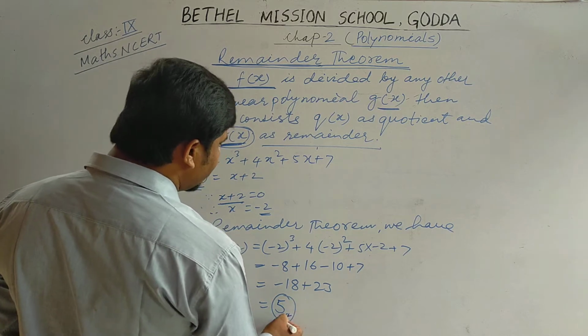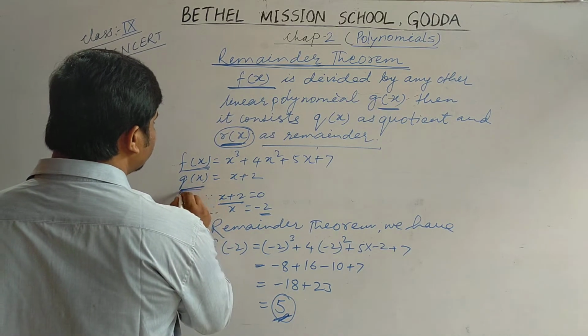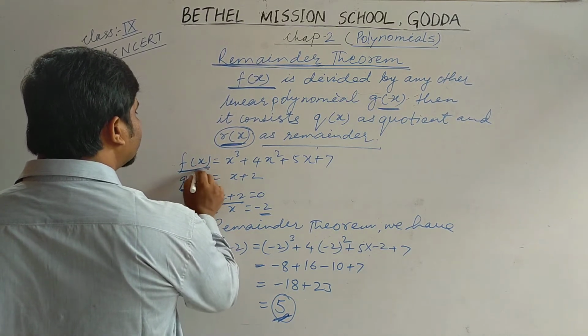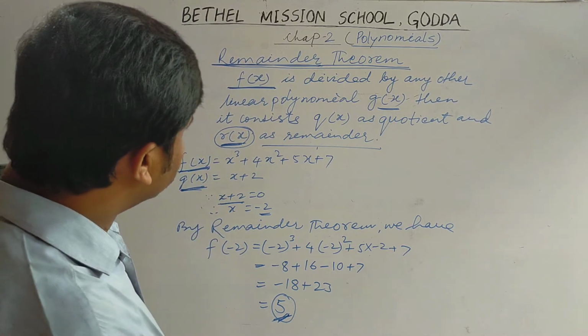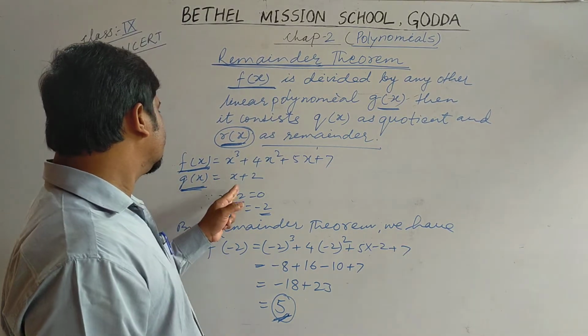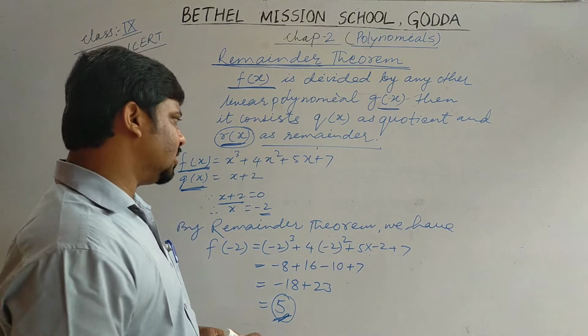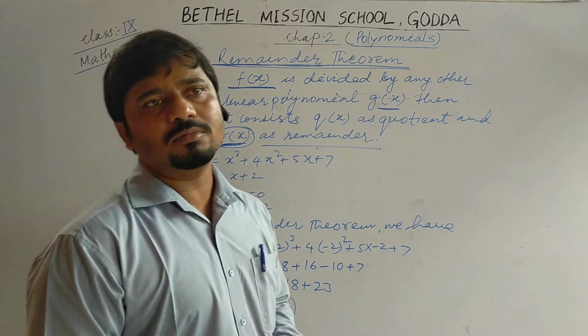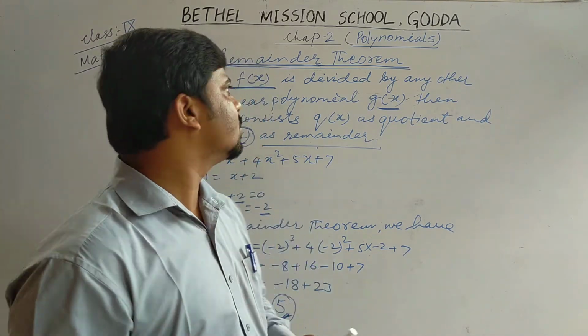So when we get the remainder 0, then g(x) will be a factor of this f(x), and that's why it is called the factor theorem. Because in the factor theorem the remainder will come 0.